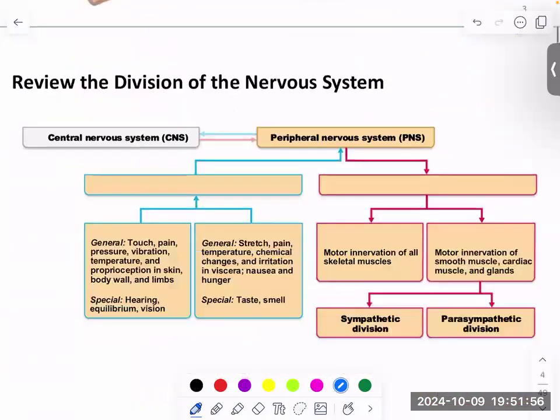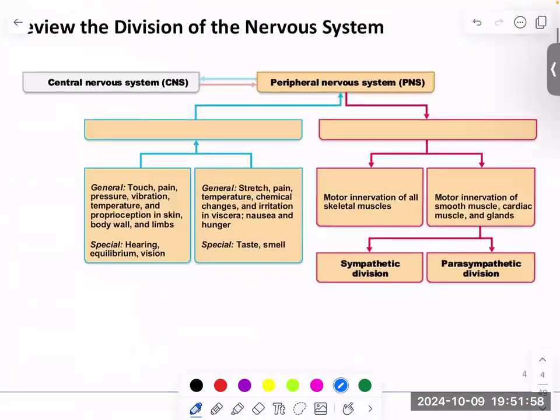So here's the breakdown of the peripheral nervous system. The somatic motor. Oh, sorry, this is efferent. I forgot to write efferent. You have the somatic division. Look what it says: skeletal muscles.